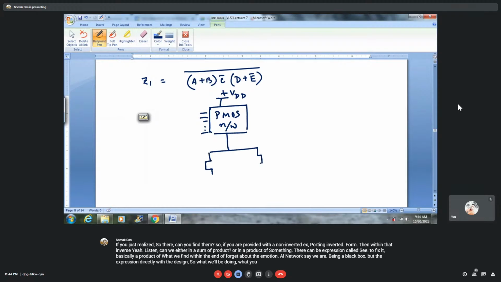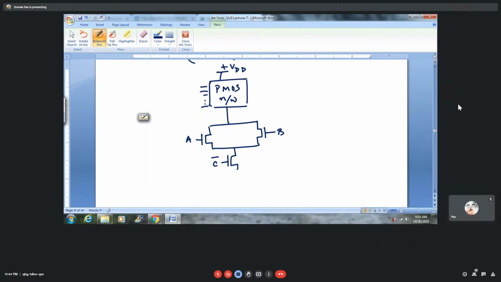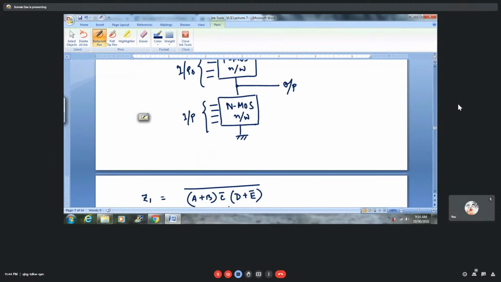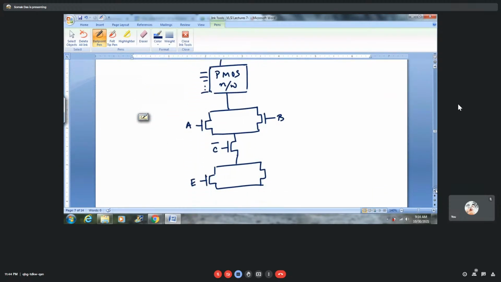It will comprise three branches cascaded, and from here you take the output Z1.